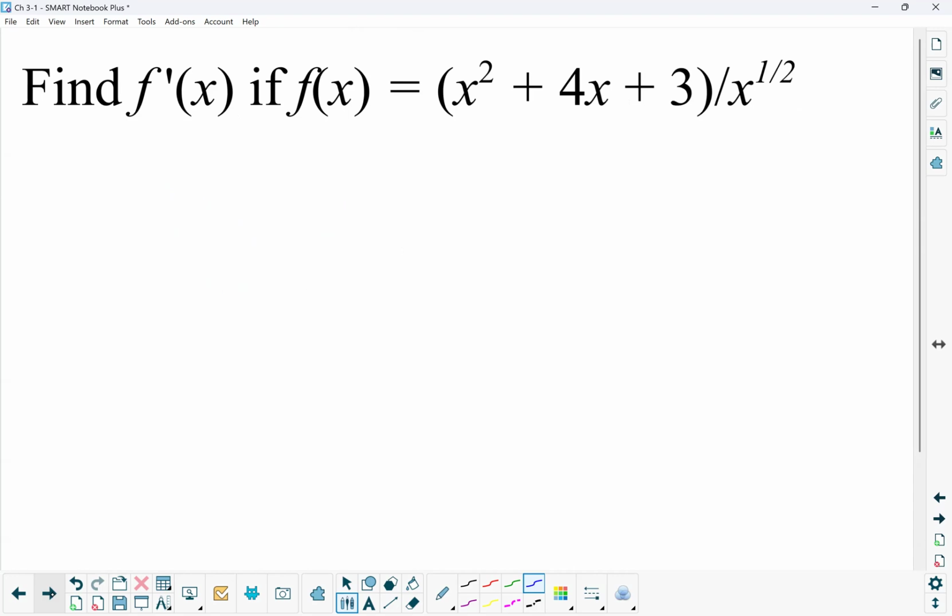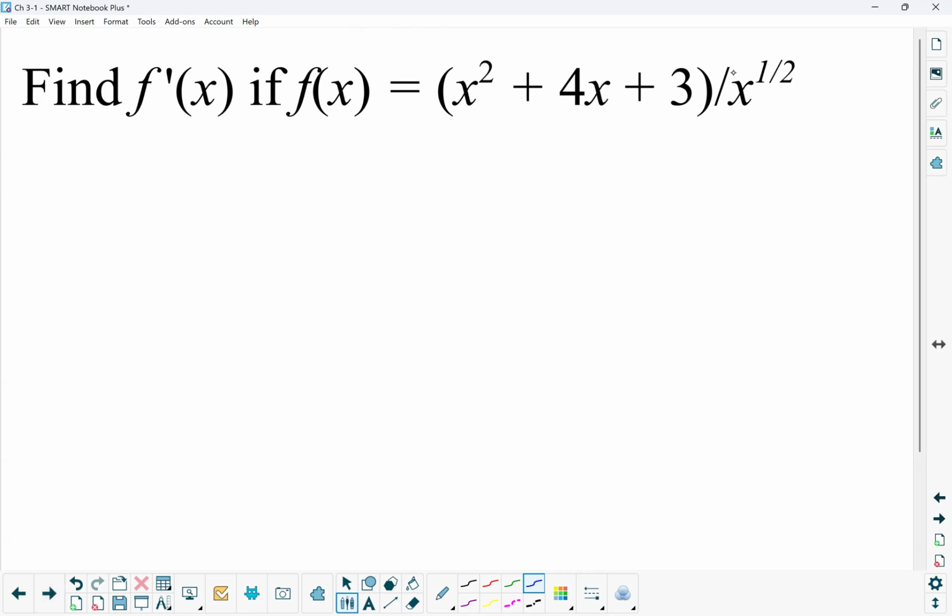Last thing I want to talk about: what if we have f of x equals x squared plus 4x plus 3, divided by x to the 1/2. At this point, we don't have a rule to take the derivative of a quotient.